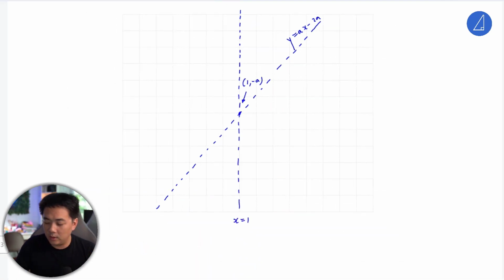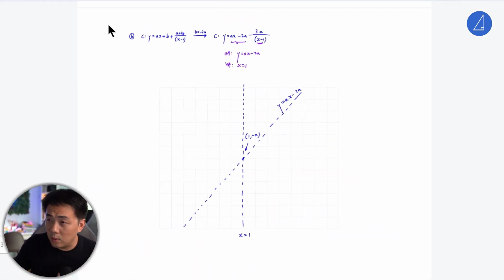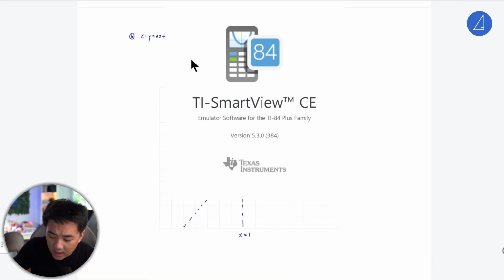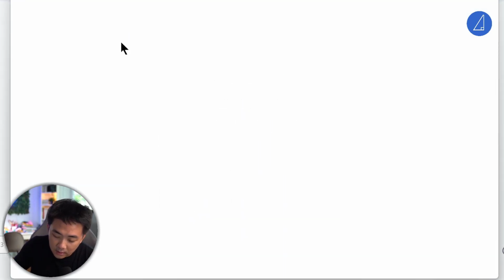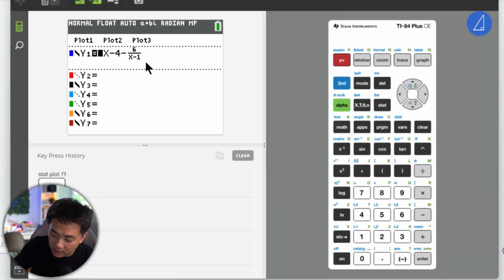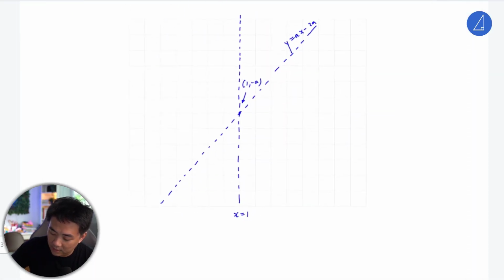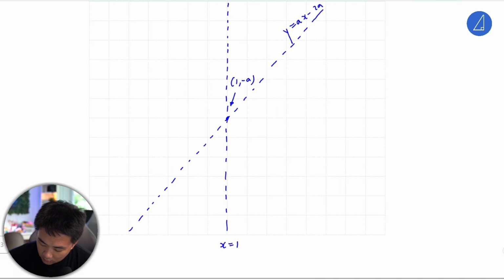Then what we can do is replace a with any positive value in the GC and try and sketch it. In this case, I let a be 2. I key in my calculator, let a be 2 or any kind of value, then generally see what the graph is going to look like. So this is a equals 2, just key this in, and I'll get this graph. So I'm going to draw the graph here.